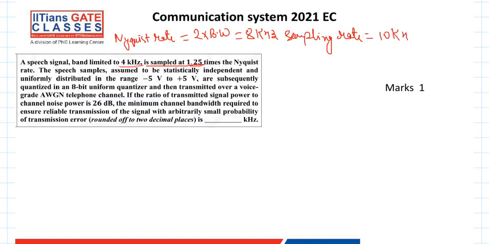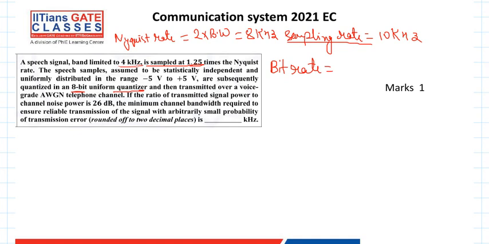So this is the sampling rate. Now after sampling, we digitize with the help of a quantizer, and the quantizer assigns 8 bits to each sample. So what will be the data rate or bit rate?